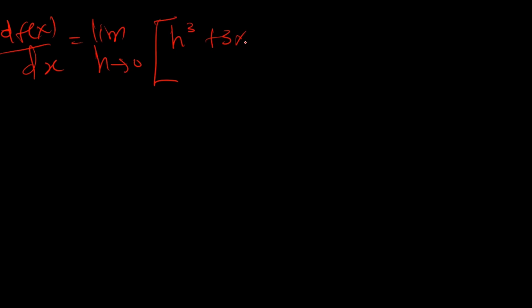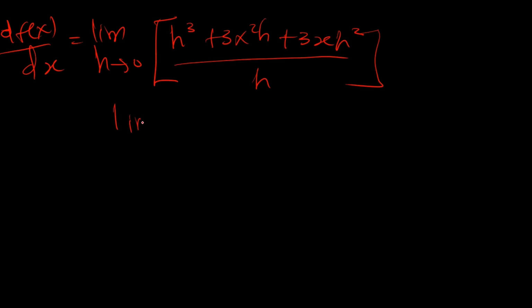f prime of x equals the limit as h approaches 0 of h cubed plus 3x squared h plus 3x h squared all over h. Let's do the simplification.